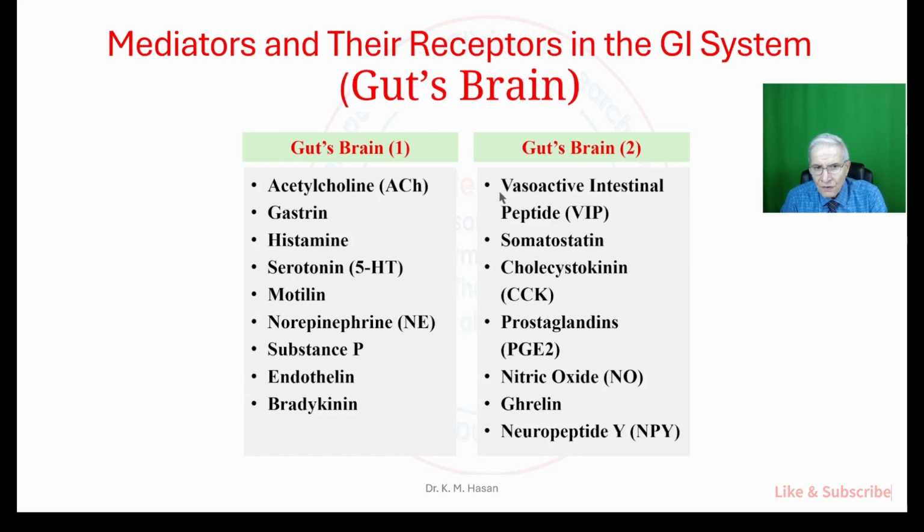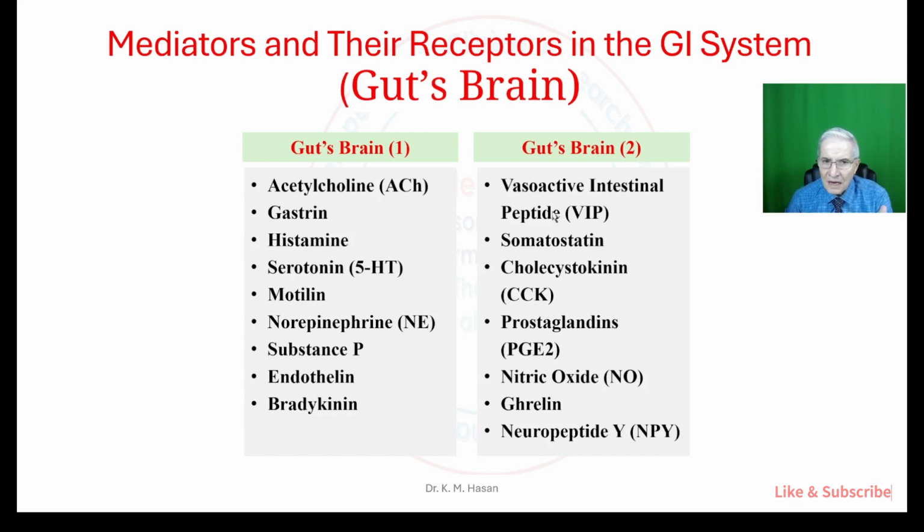Another group of mediators in the gut: VIP, vasoactive intestinal peptide, somatostatin, cholecystokinin, prostaglandin, nitric oxide, ghrelin, and neuropeptide Y.